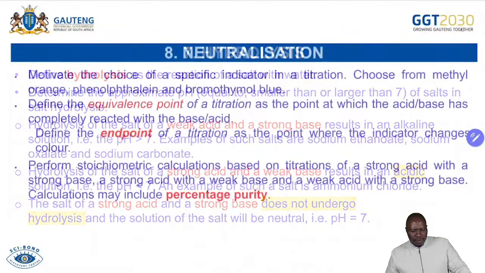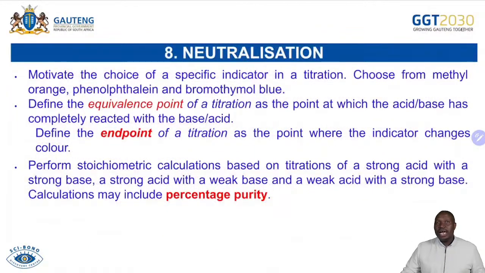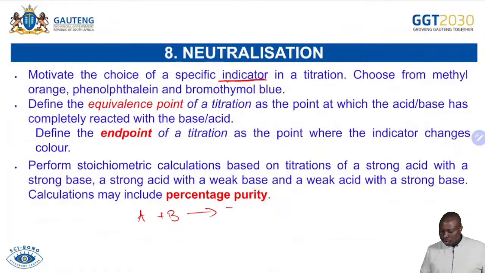And then we are going to talk about neutralization. I talked about it already. When we deal with neutralization, we have to use indicators. Why do we need an indicator? Remember what we said. We said neutralization is a reaction of an acid with a base to form salt and water.